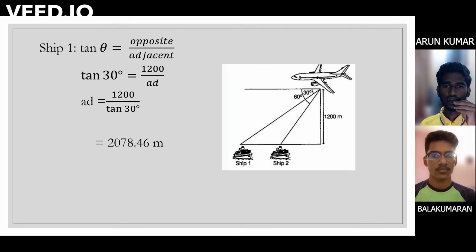To get the adjacent length, we use tangent, which equals opposite over adjacent. Substituting the angle 30 into the equation, tan 30 equals 1200 over adjacent. Adjacent equals 1200 over tan 30. So the length equals 2078.46 meters.